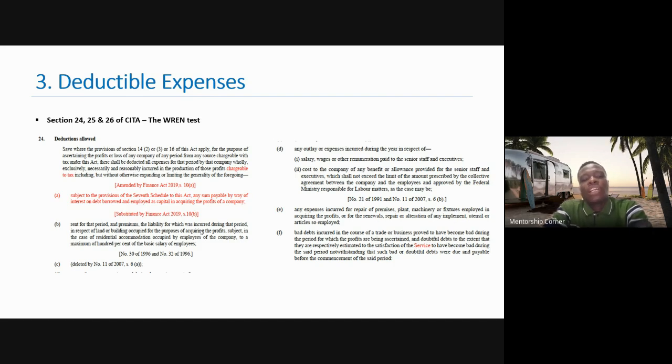Now, it's also saying that rent for that period and premiums, and liability which was incurred during that period in respect of land or building occupied for the purpose of acquiring profit. So rent, lease, leasehold payment, and all those things, they are allowable expenses for income tax purpose as long as those rents are incurred for the purpose of acquiring profit.